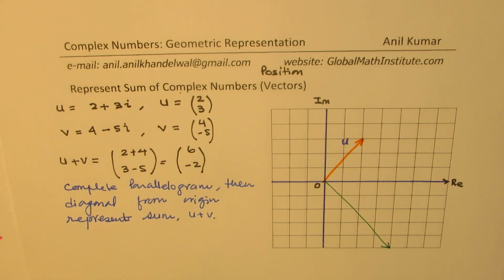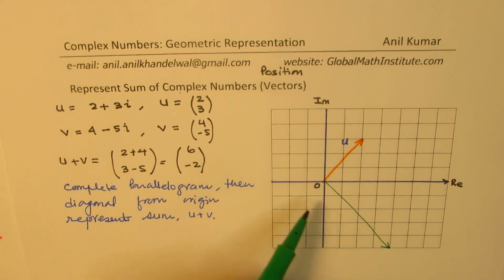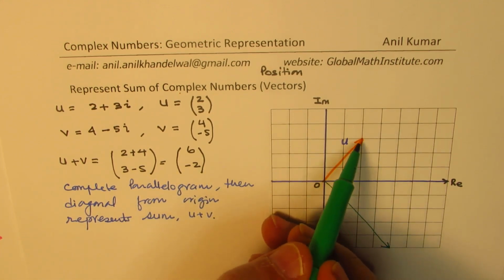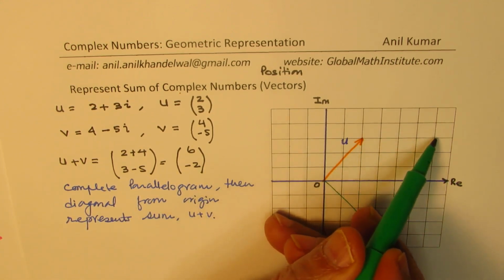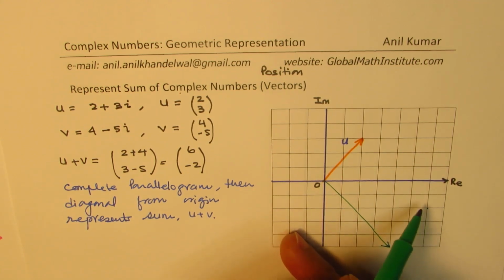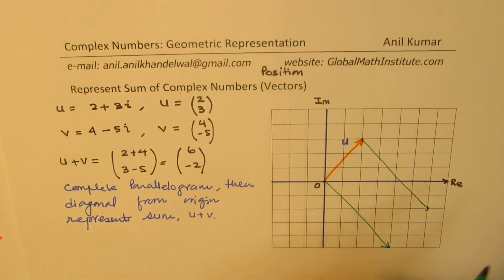So let's do this. Drawing a line parallel, which is from here, 4, minus 5, we can go from here 1, 2, 3, 4, 1, 2, 3, 4, 5, right? So that should be connected to form a parallelogram, correct?